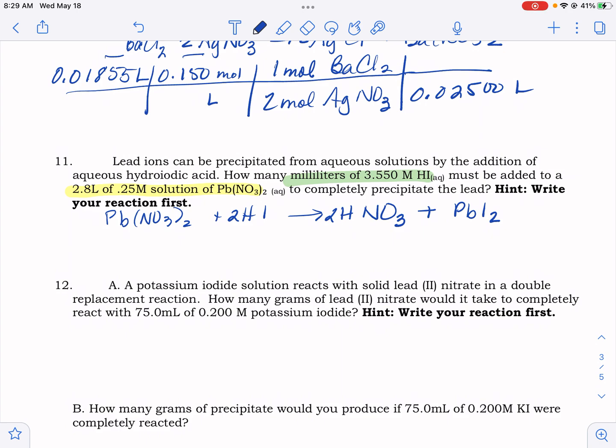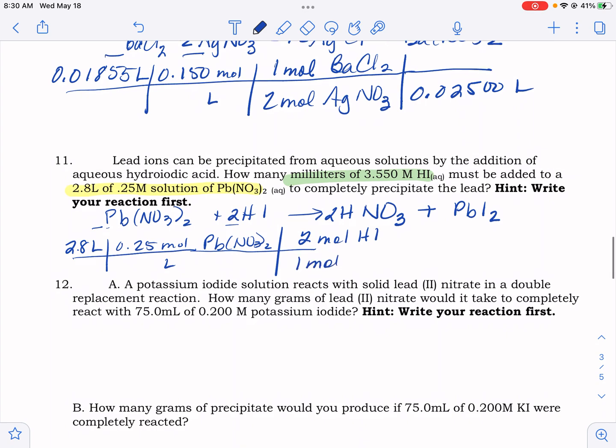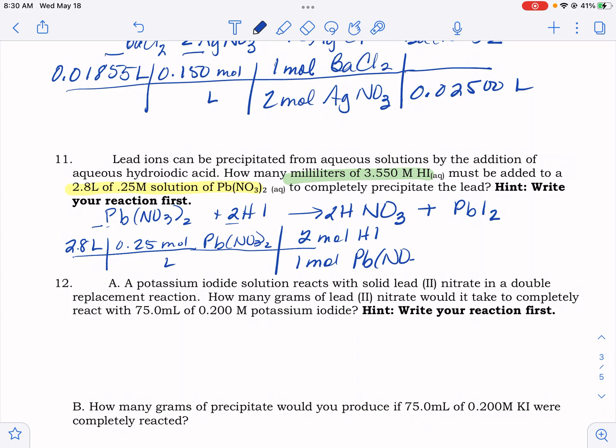Starting with what we know, we have 2.8 liters and 0.25 moles per liter of lead nitrate. The ratio lead nitrate to hydroiodic acid is 2 moles of HI over 1 mole of lead nitrate. Now we're in moles of hydroiodic, and we want to know volume.